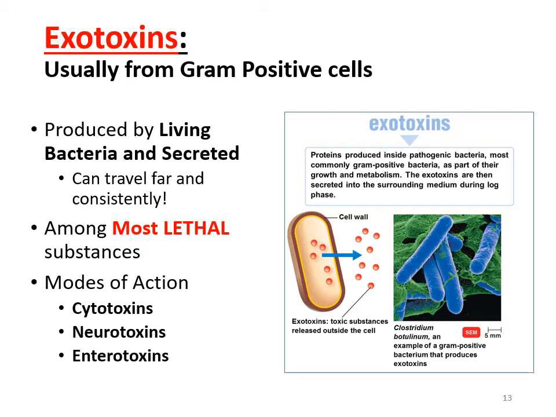Neurotoxins, another example of exotoxins, are also very lethal because they interfere with your neurological signals. A big example that I want you to remember is botulinum toxin, the toxin from botulism, and remember tetanus. Botulism and tetanus produce neurotoxins. Since they're targeting the neurological signals in your body, they'll block things like acetylcholine and cause paralysis.